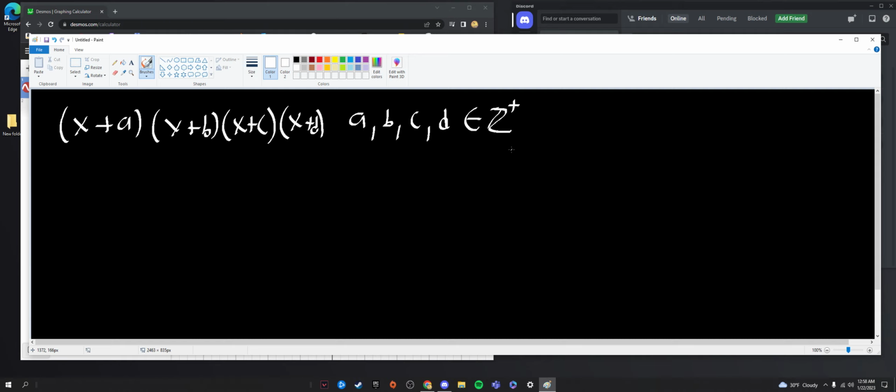We'll do positive integers for now because I'm just realizing how poorly thought out this conjecture was. I didn't consider non-integers, I didn't consider negative numbers in general. So we're going to say that a, b, c, and d are all elements of positive integers because that's all I tested.